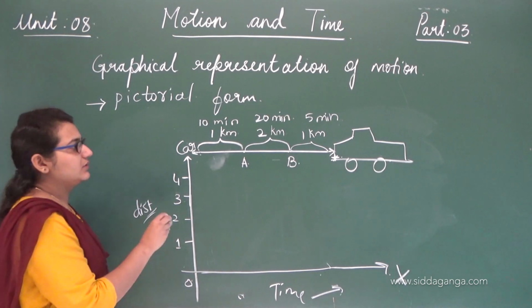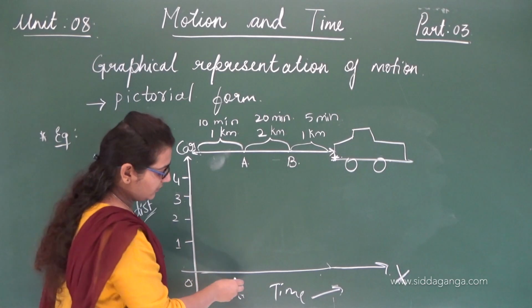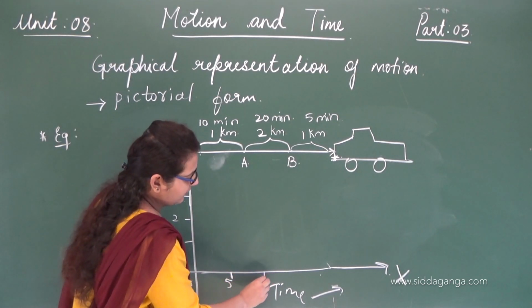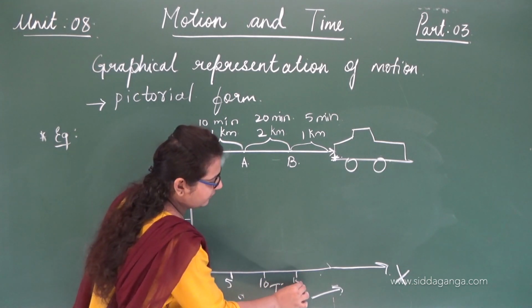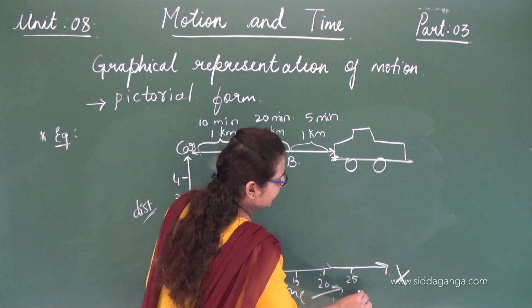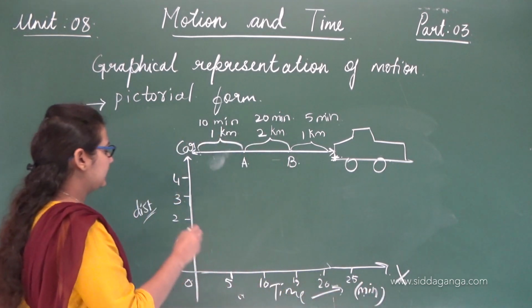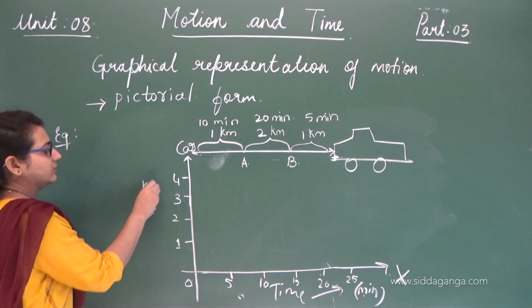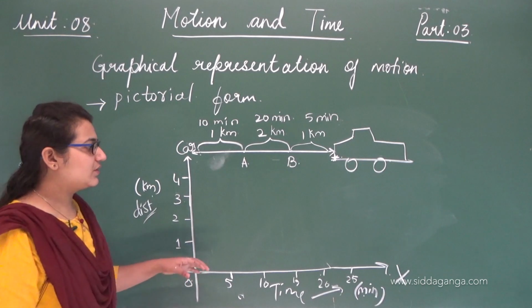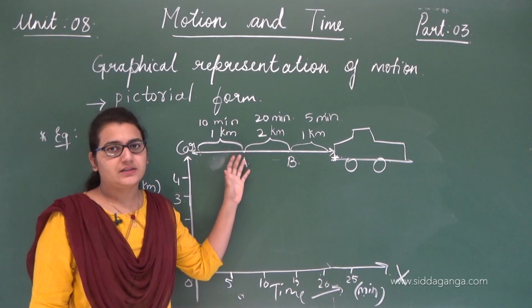Now just see. At 10 minutes, let us represent the timing here. Let us take 5, 10, 15, 20, 25. The time we have taken is in minutes. We need to mention the unit we have taken, and distance is in kilometers. So this is the data we have. Now we just need to plot the points wherever we have the exact data.